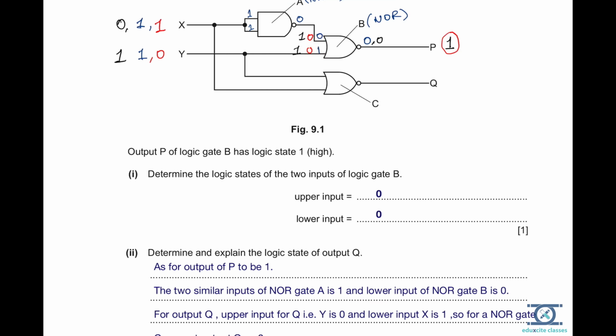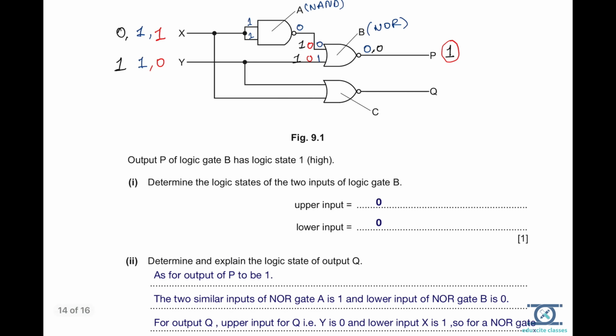Just wait, the two similar inputs of NOR gate A, this is not a NOR gate, I have written it incorrectly, this is an AND gate. Okay, now it is correct, it is a typing mistake.